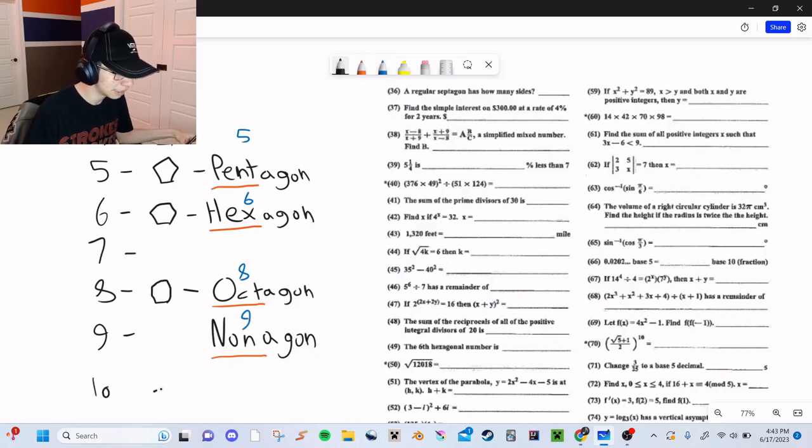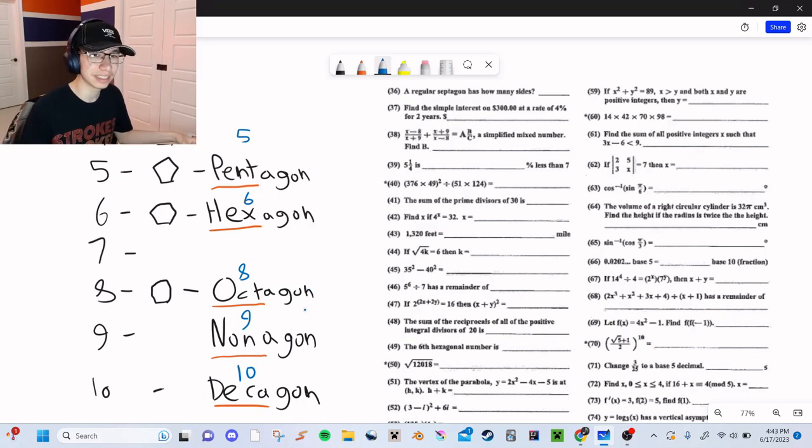And then a 10 is a decagon, so that's going to be 10 sides. If I went to 11, that would be an undecagon. 12, that's a dodecagon. And I think you only really need to know the shapes from 3 to 12 sides, pretty much.